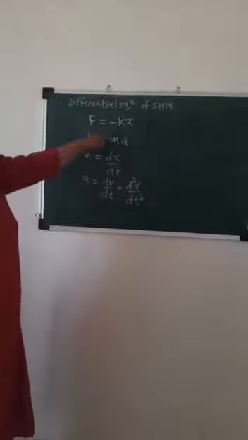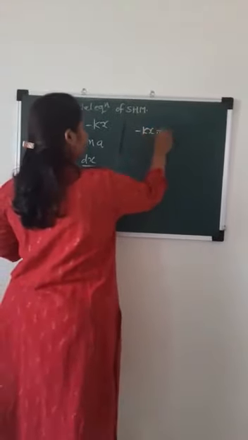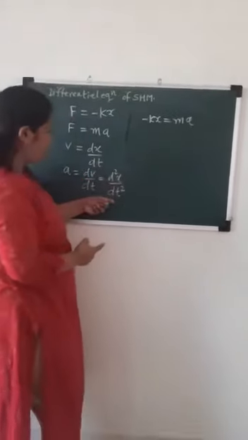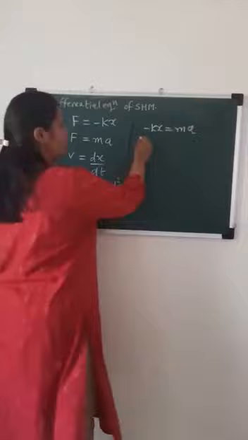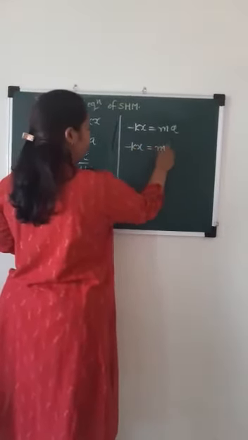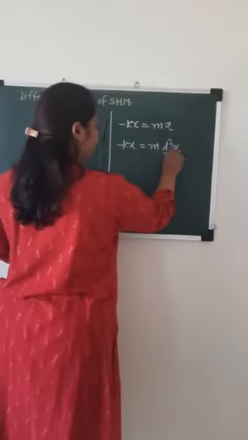Now we will equate these two forces, that is, minus kx is equal to ma. Substituting acceleration from this formula, minus kx is equal to m into d2x upon dt square.